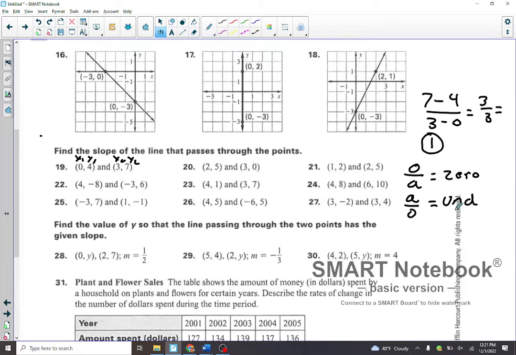If you get a 0 on top, you're going to get a 0 overall. If you get a 0 on bottom, though, you can't divide anything by 0. So that's undefined. I'm sure one of these questions causes that, so you could check it out when you practice.